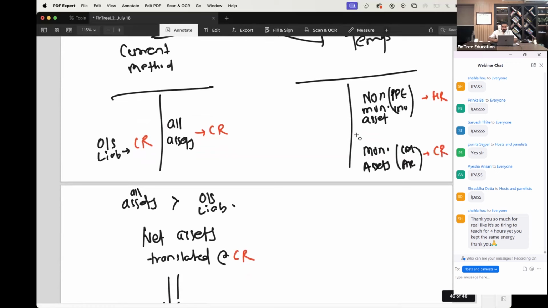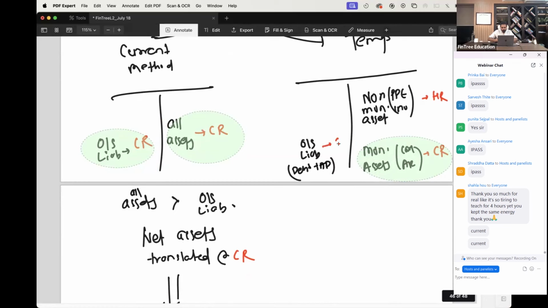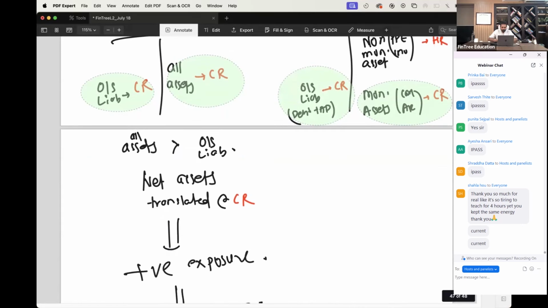Current rate. So this is my exposure, current rate. Here I will have all outsiders' liabilities like debt or maybe accounts payable. All the debt is converted at current rate, and equity is at historical rate.